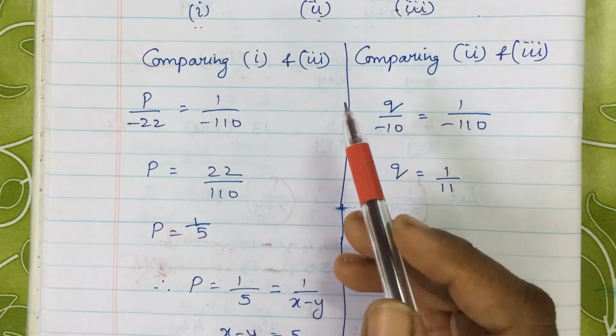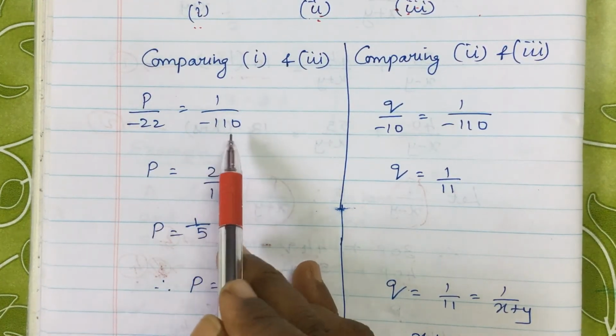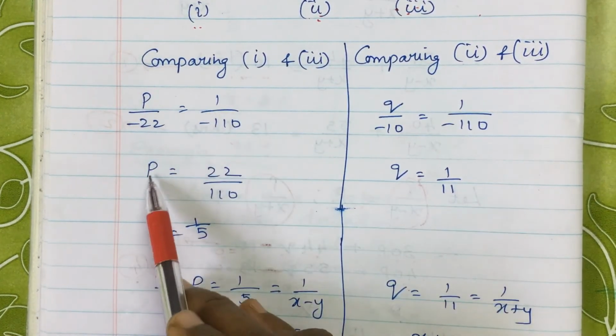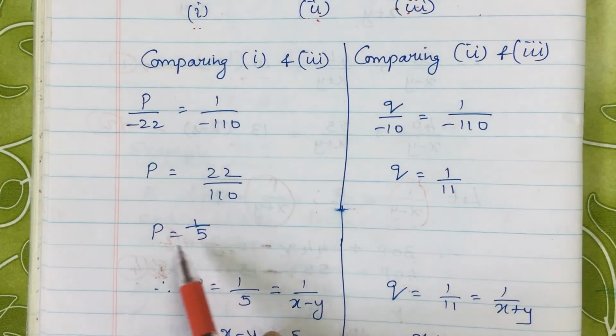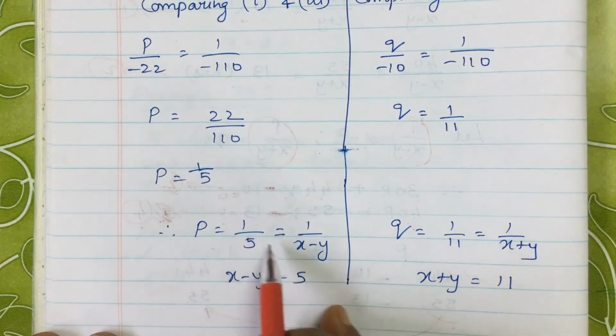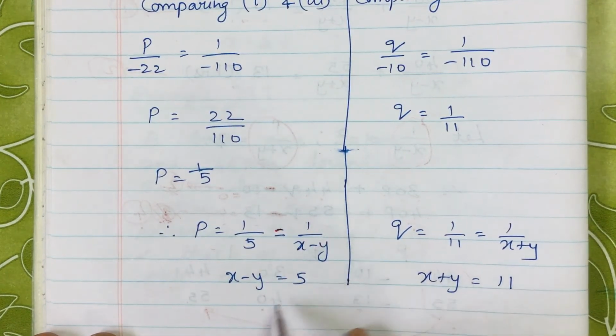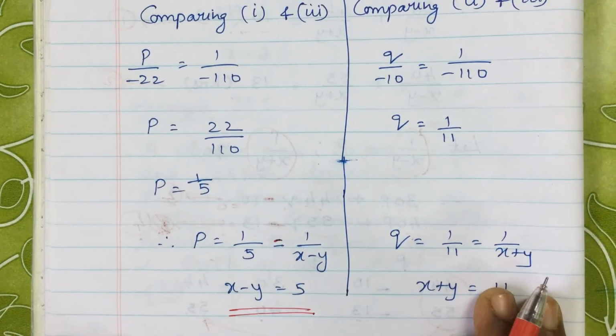So comparing your 1 and 3, p by minus 22 is equal to 1 divided by minus 110. So cross multiplying, p is equal to 22 by 110. So this is p equal to 1 by 5. Okay, so p equal to 1 by 5, but already we have assumed p is 1 by x minus y. So cross multiplying, you will be getting x minus y equal to 5.